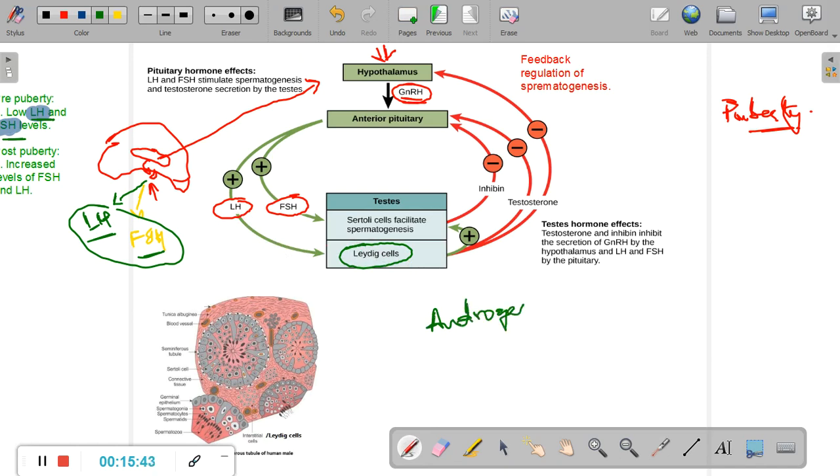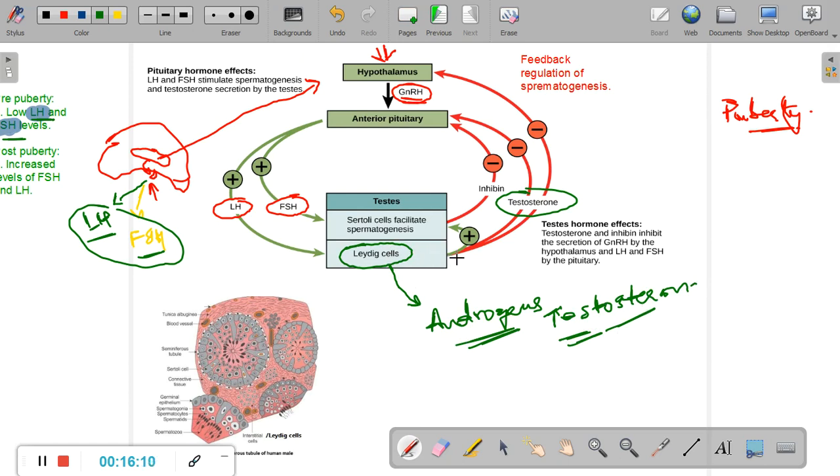Androgens are the male sexual hormones, and one example of androgen is testosterone. So Leydig cells will start producing androgens, in particular testosterone. If you write testosterone or androgens, it is perfect, but it's better to write both.